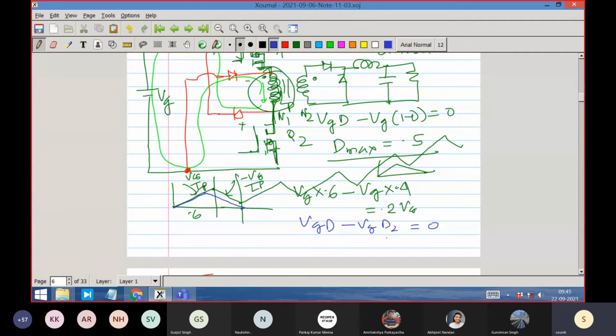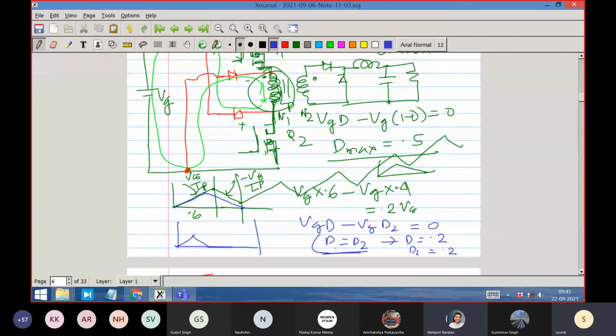This condition means D is equal to D2, so if D is 0.2, D2 is 0.2. So the volt-second balance is happening, with 0.2, 0.2, and then the remaining time is 0. That is the extreme case. D2 has to be always equal to D.